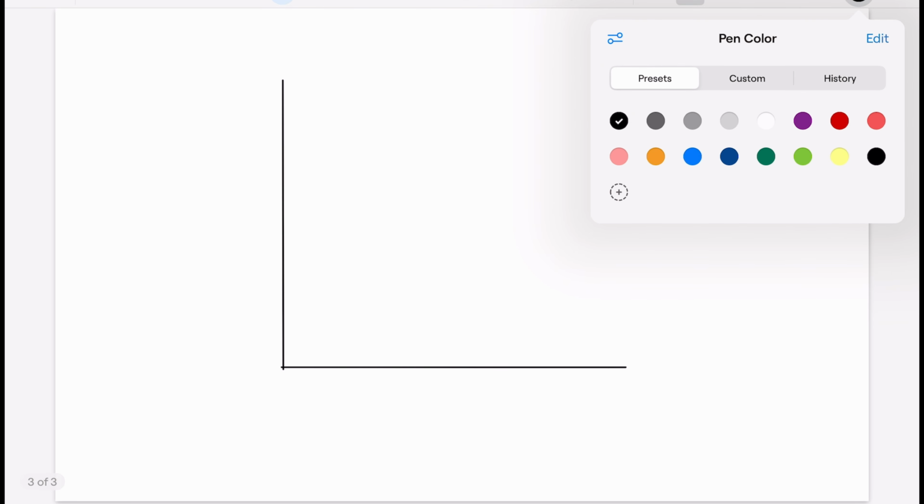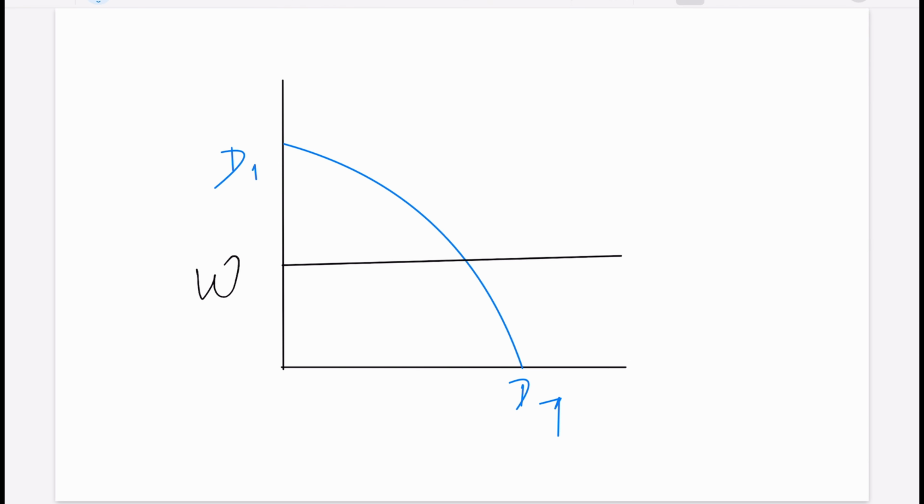This was D1, D1, and then we have our WM bar.